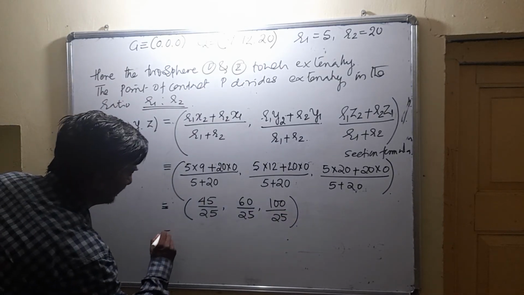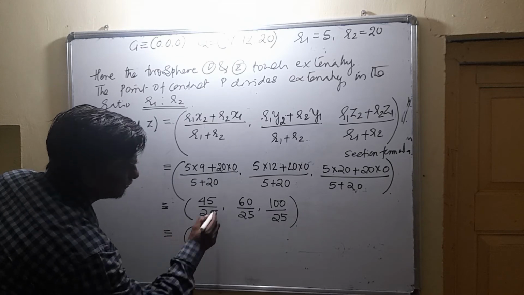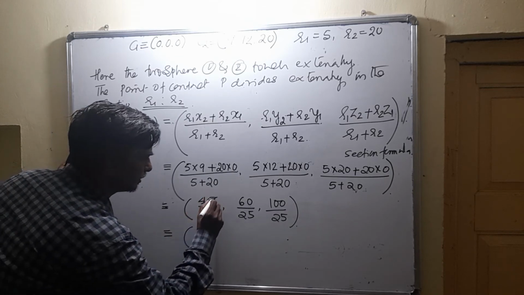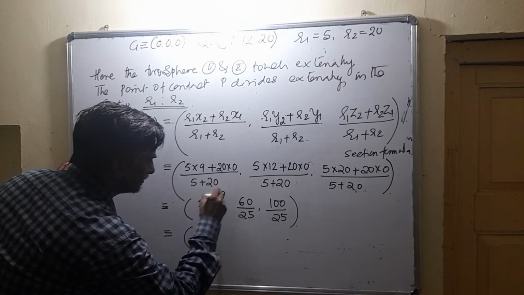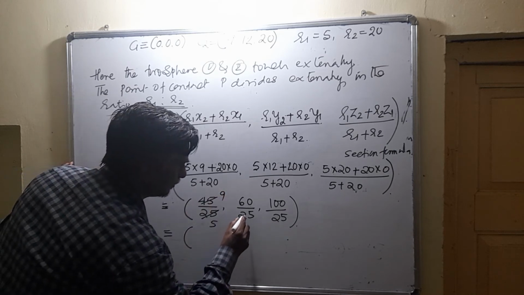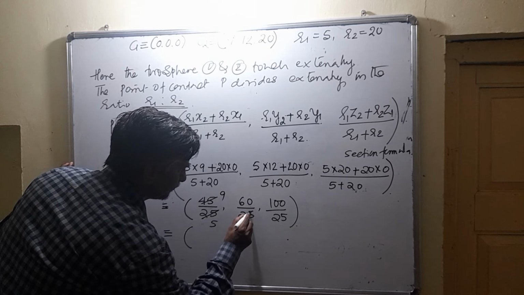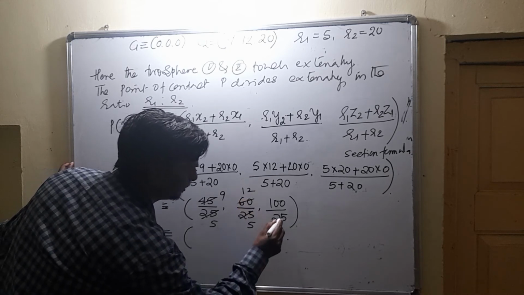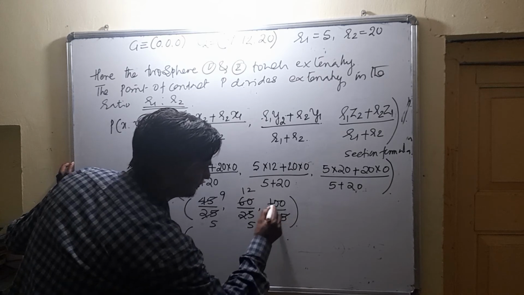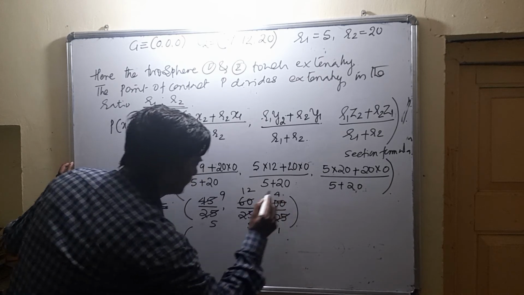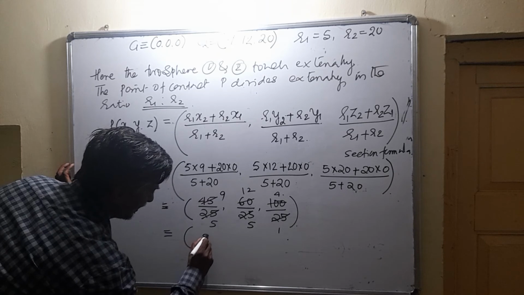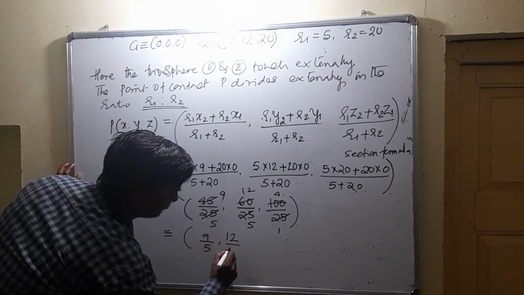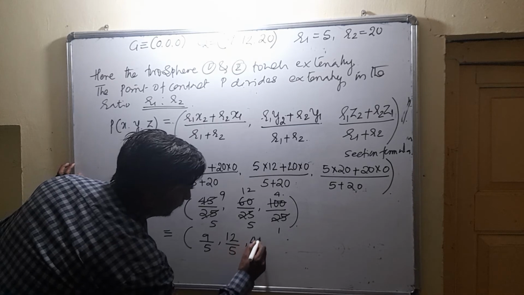Then this is equal to 9 by 5, comma, 12 by 5, comma, 4.